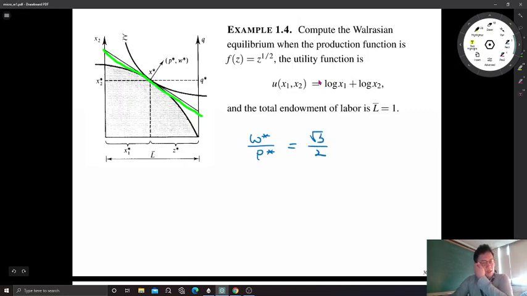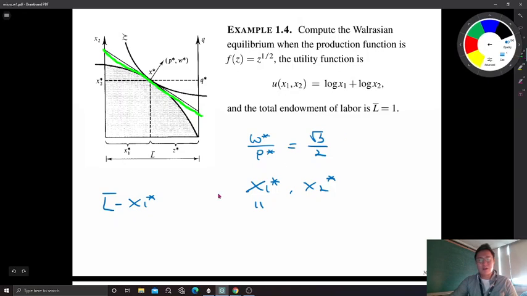All right, then you can find the x1 star and x2 star. So this one should be the L. Okay, x1 star must be equal to, because L bar minus x1 star, and L bar was equal to 1, so 1 minus x1 star is equal to z star.